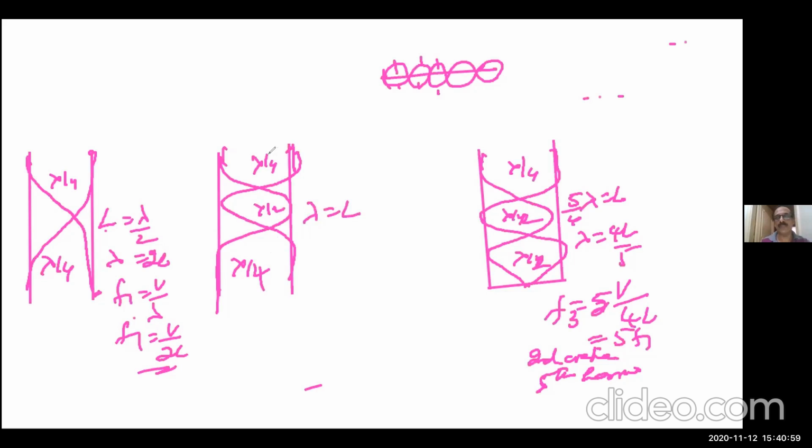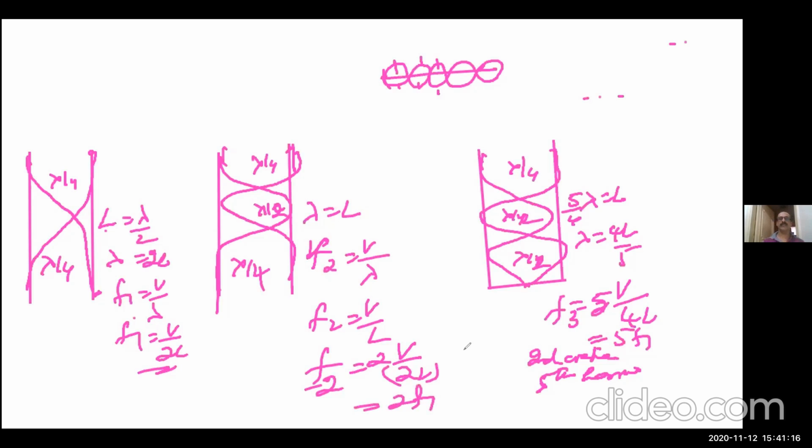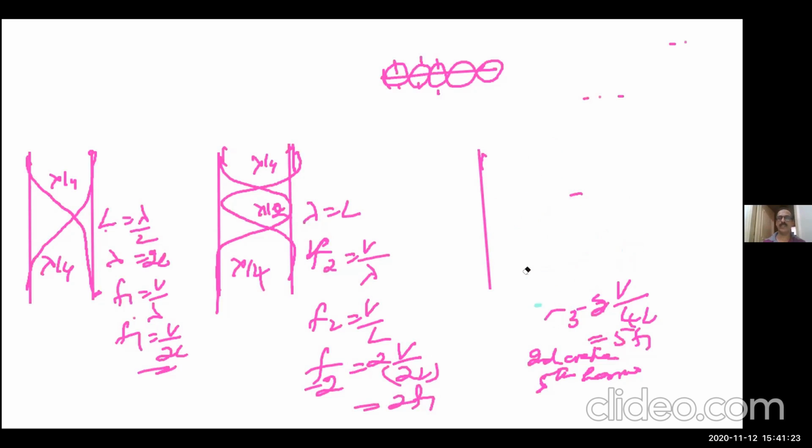Lambda by 4, lambda by 4, lambda by 2 plus lambda by 2, 1 lambda. So F2 is equal to V by lambda, F2 is equal to V by L. Multiplying numerator and denominator by 2, that means 2F1. Then the third one like this. The third one you can draw now yourself.